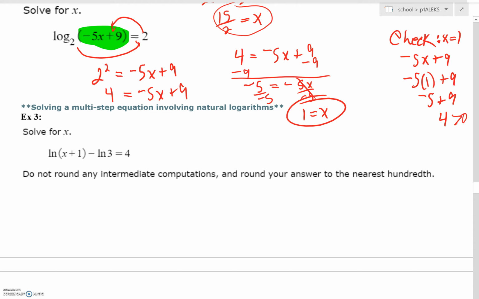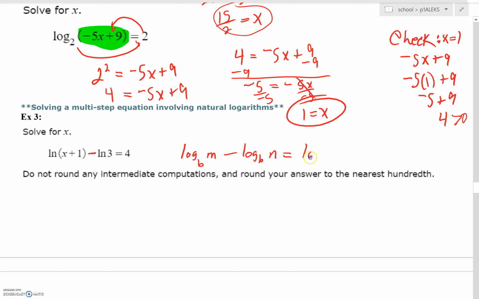Well, for example 3, we're getting into some multi-step equations. When you are subtracting two logs, you might remember that we had the log base b of m minus the log base b of n, that property.